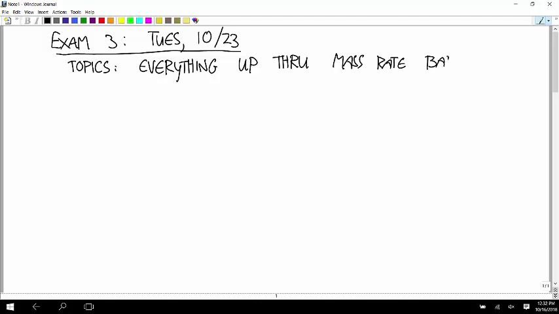I don't remember what it's called in the problem set. Is it conservation of mass? But it's the same thing. And remember that it's cumulative, so be ready for problems like the old stuff.